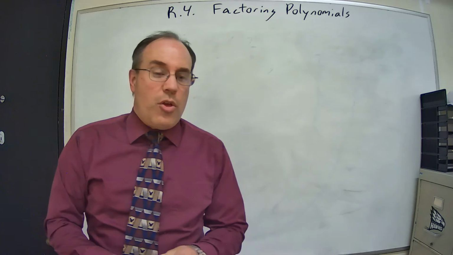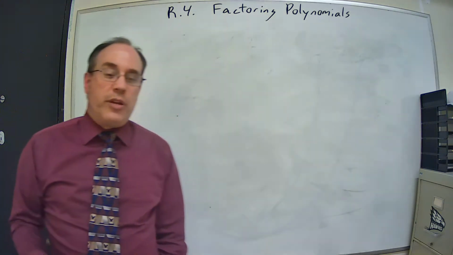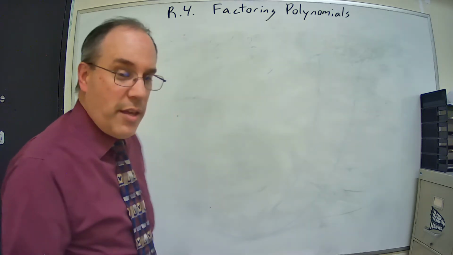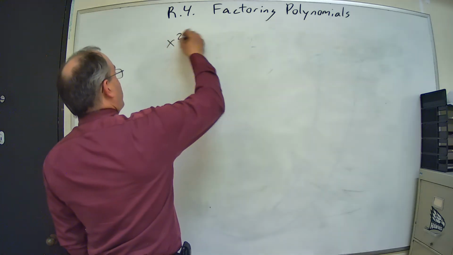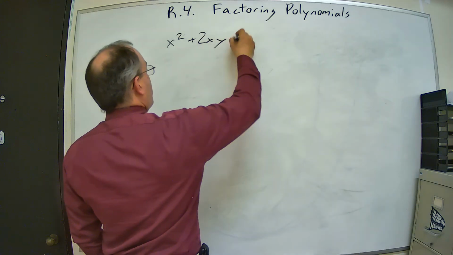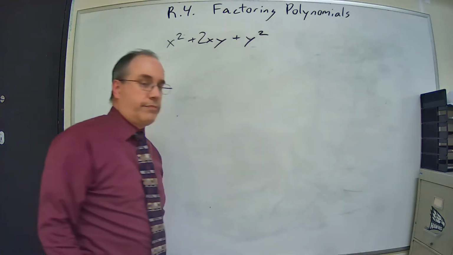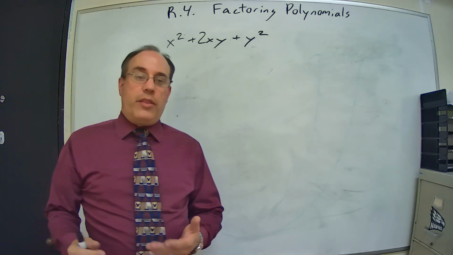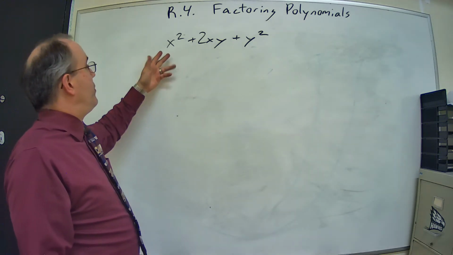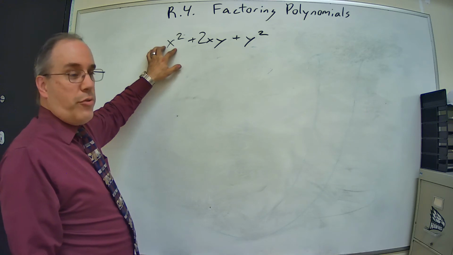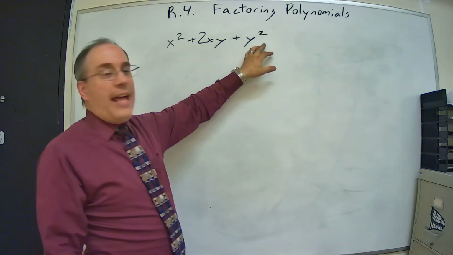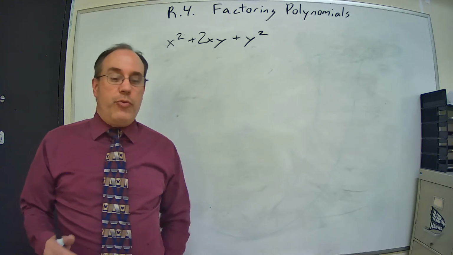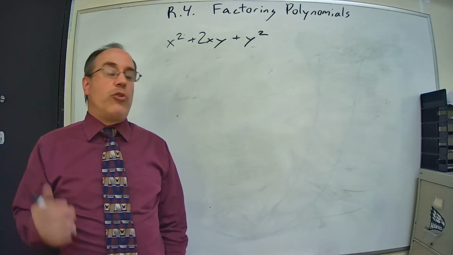Okay, well, let's look at factoring perfect square trinomials. So what if we have x squared plus 2xy plus y squared? If we are dealing with perfect square polynomials, meaning that the first term is a perfect square and the last term is a perfect square, chances are it's going to be one of a number of special products.